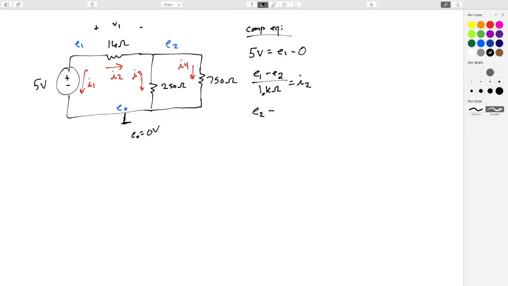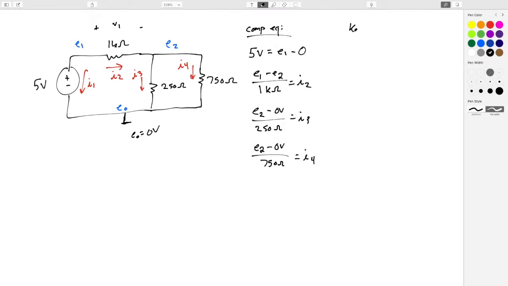E2 minus, since E0 is 0, I'm not even going to write that here, but I'll put it there for clarity. (E2 minus 0) over 250 ohms equals I3. And then finally, for our 750 ohm resistor, it's going to be (E2 minus 0 volts) over 750 ohms equals I4.